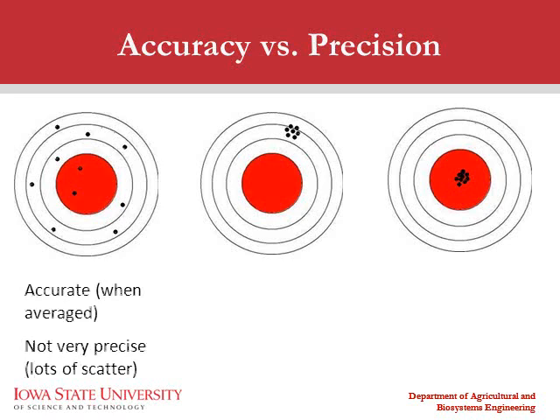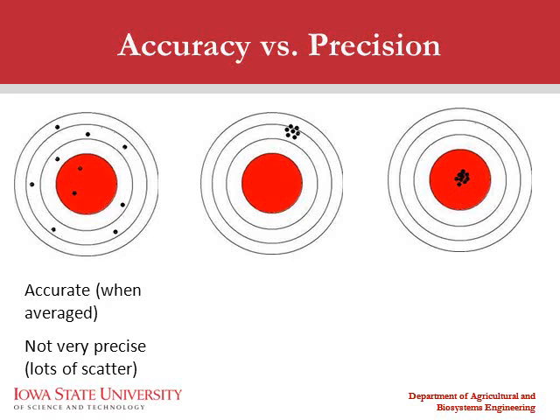If we look at this, we would say the overall performance, if that's a GPS receiver, is accurate, because if we average those points, we'll end up with a location that's in the center. We would say, though, that's not very precise, because there's quite a bit of scatter across that target. So this type of application really doesn't fit many precision ag applications very well.